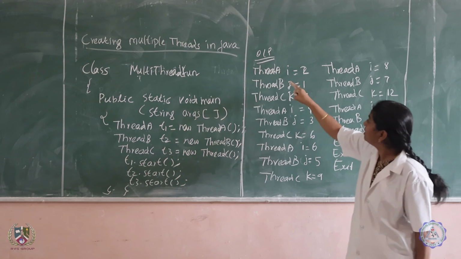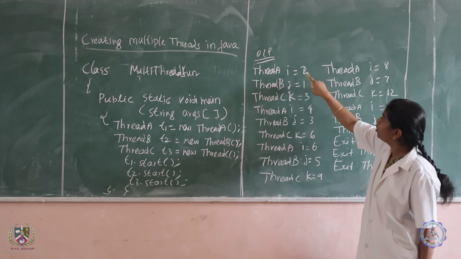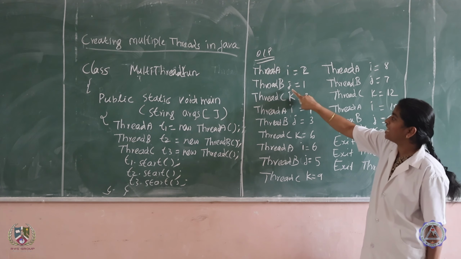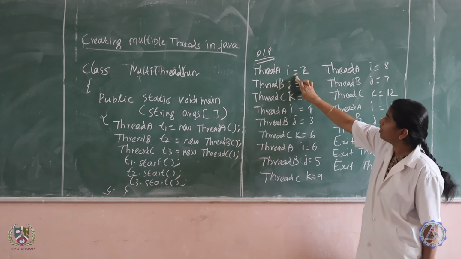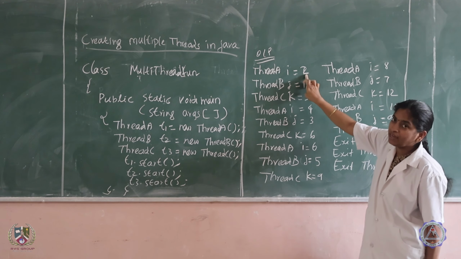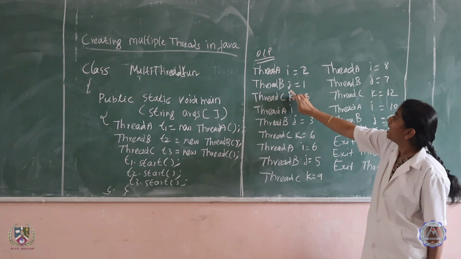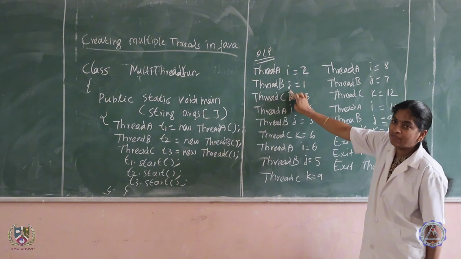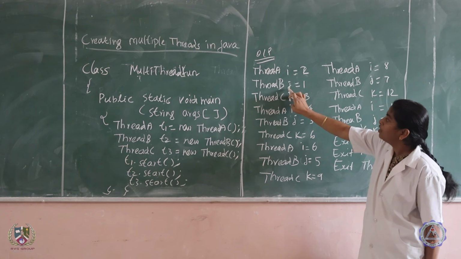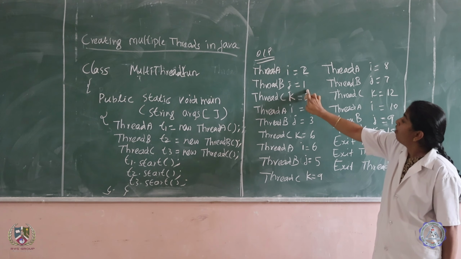The output is thread A, where i is equal to 2 first, then j is equal to 1. For the first one we multiply by 2, so 2 into 1 is 2. Next, we print the first 5 odd numbers j, so the odd number is 1.